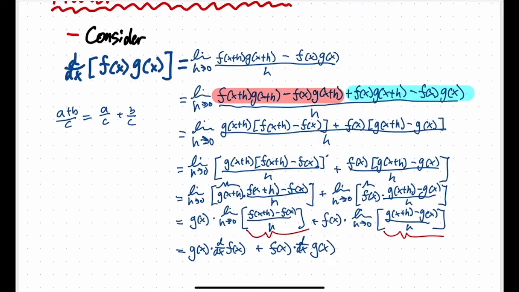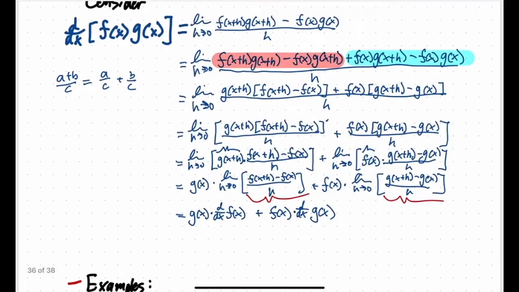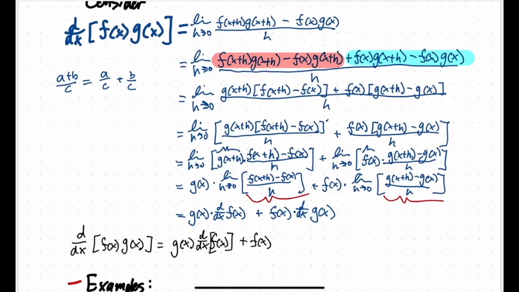And there we have it. So that is our rule, where the derivative of two functions that are being multiplied together is the same thing as saying the second function times the derivative of the first, plus the first function times the derivative of the second function.